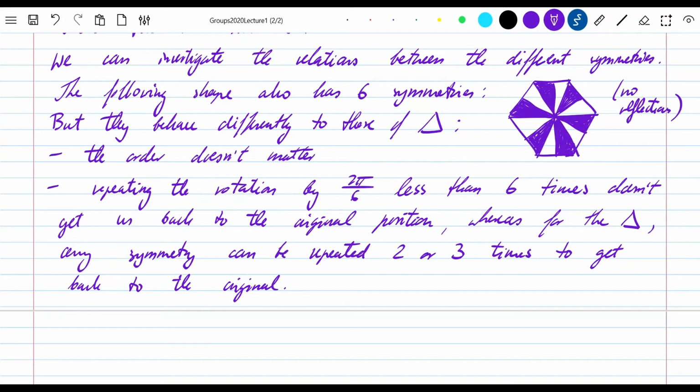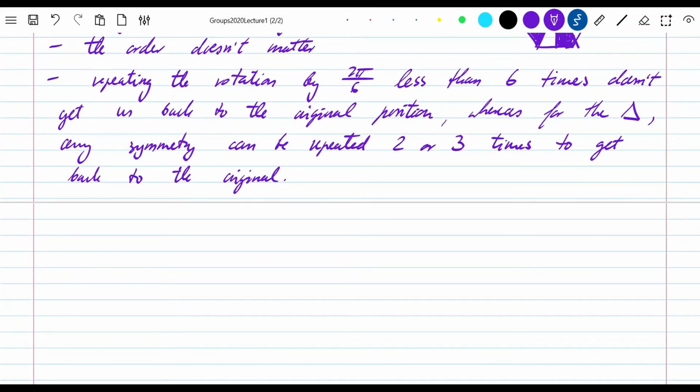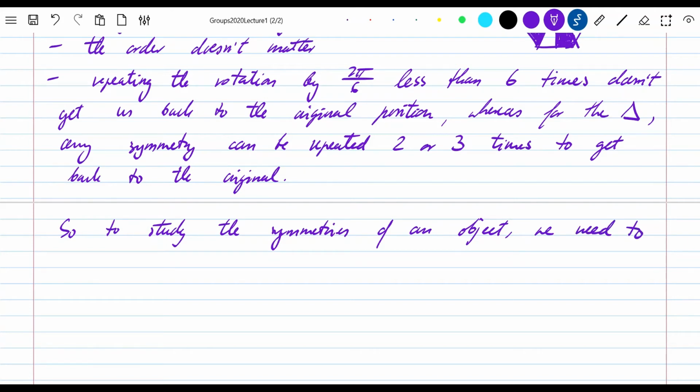Okay, so what this means is that it's important not to study only the number of symmetries of an object, but also how they actually interact. To study the symmetries of an object, we need to study how they interact.